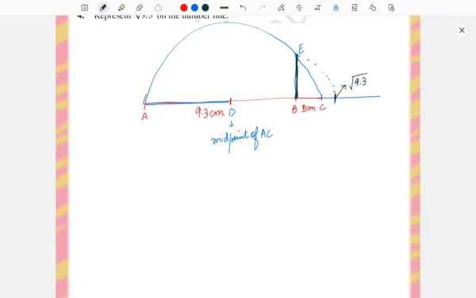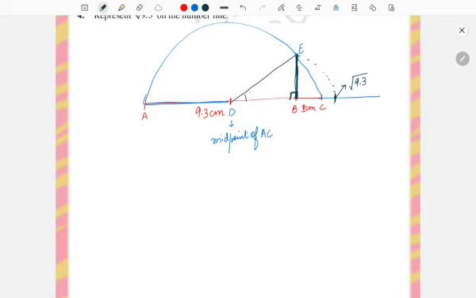Now, have you wondered why we drew an arc using radius as BE? Why did we use radius as BE and not some other line segment? Let's see the reasoning. Since this was a straight line, this would be a 90-degree angle. What if I join D and E?